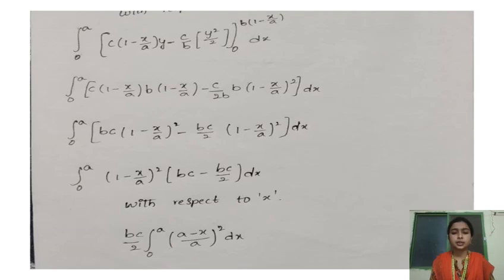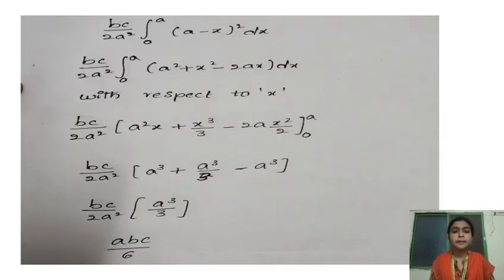Integrating with respect to x, bc by 2 integration 0 to a of 1 minus x by a whole square dx, which is bc by 2a square integration 0 to a of a minus x whole square dx.